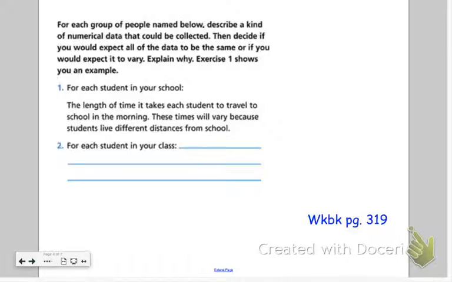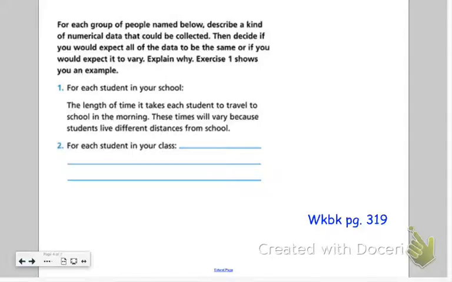Maybe I would want to know the length of time that it takes each student to travel to school in the morning. These times are going to vary because students live different distances from school. The closer you are to school, it probably will take you less time to get here. And the further you are from school, it'll probably take you more time to get here. It also might vary because of how you travel to school. Maybe you're walking to school, maybe your mom or dad or whoever's at home brings you to school, or maybe you take the bus.